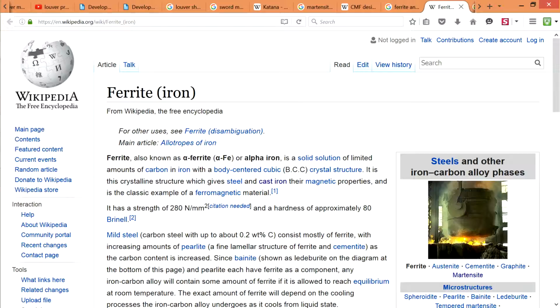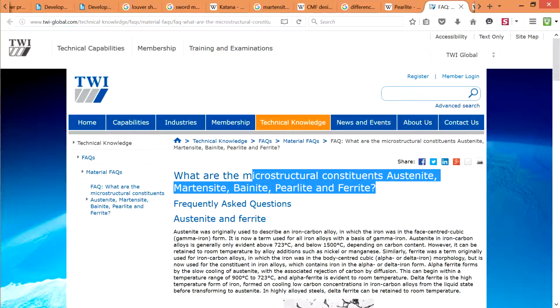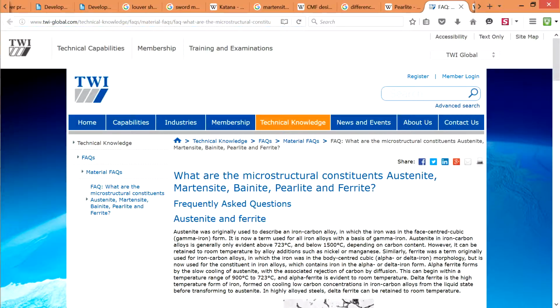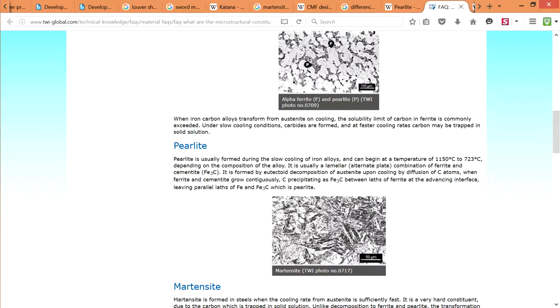Give me a while, let me search again. I would suggest you come to TWI Global and search for this type of title, ferrite, bainite, whatever, it is all over there. You should be able to get an understanding of the ferrite stuff. Pearlite itself is a form of ferrite including cementite.